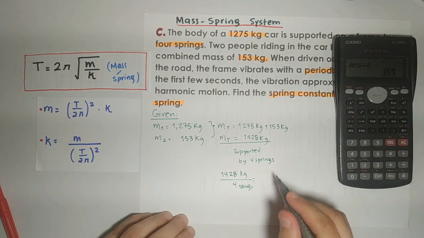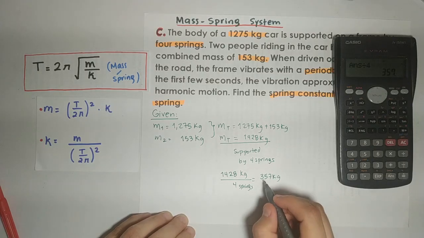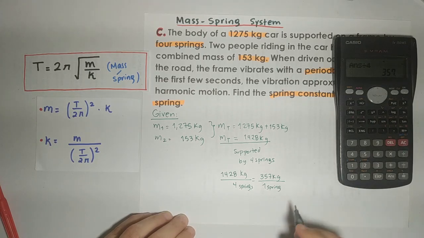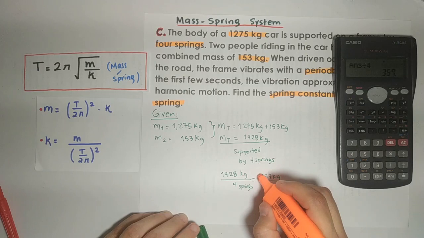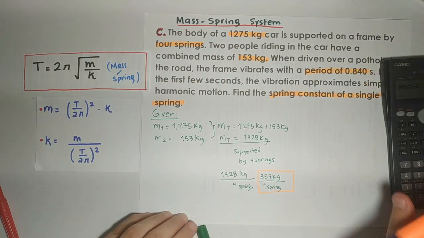So my answer is 357 kilograms. That means that one spring holds 357 kilograms. This is the mass that we're going to consider for our problem.